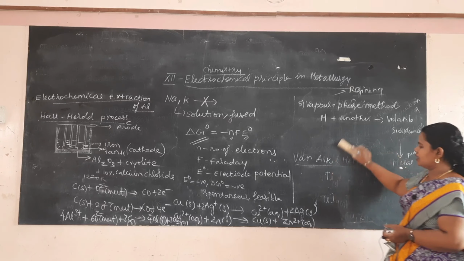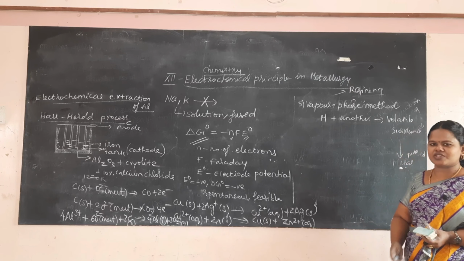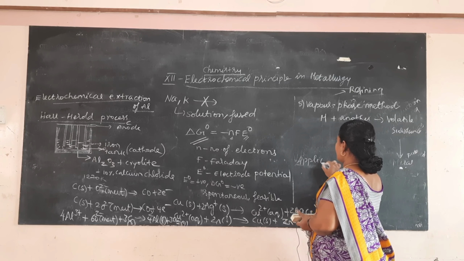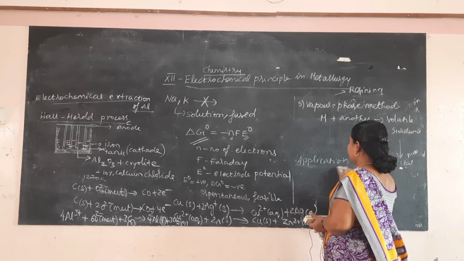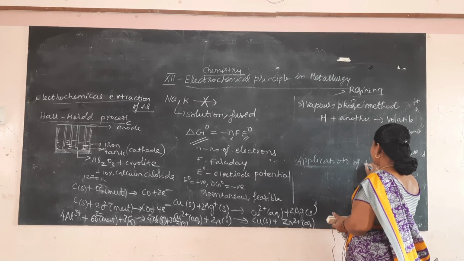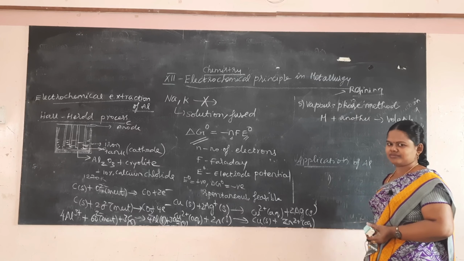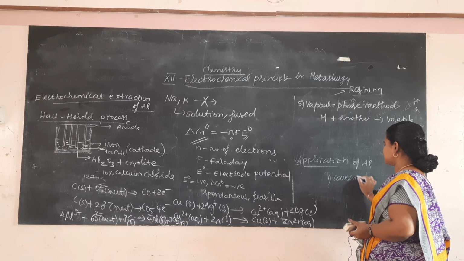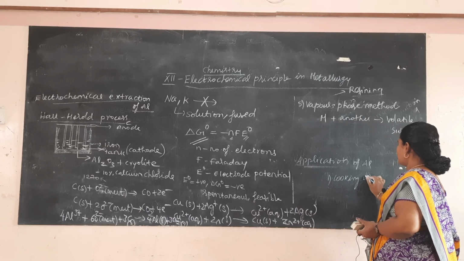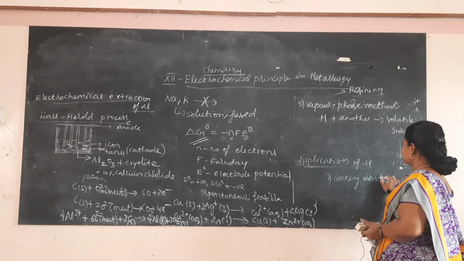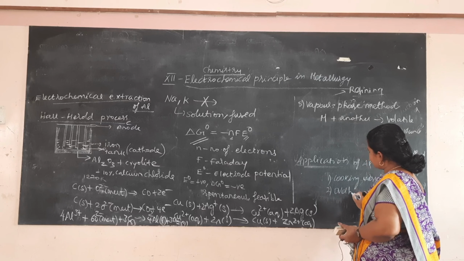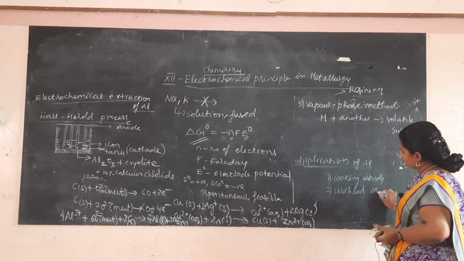And now we will see the uses or applications of some metals. Application of aluminium. Aluminium is used in preparing cooking vessels. It is used in overhead cables to prepare wires.